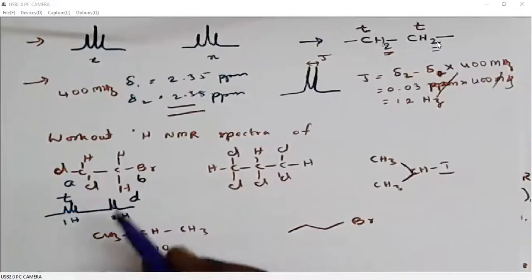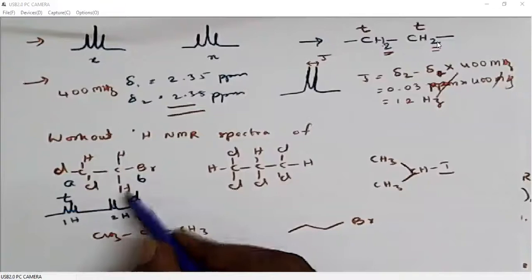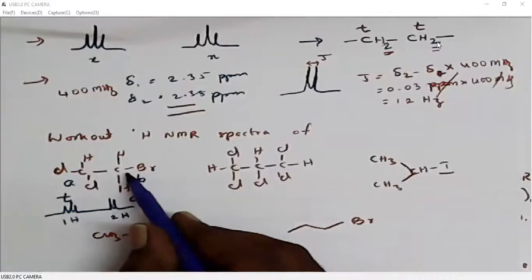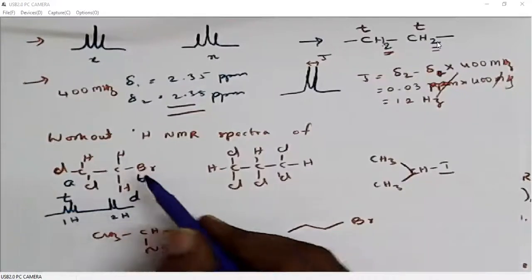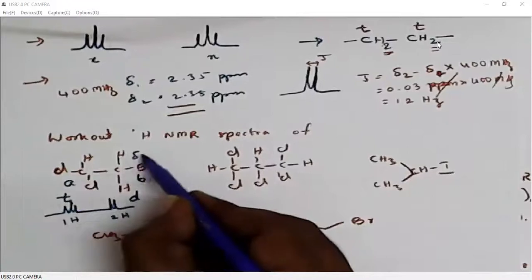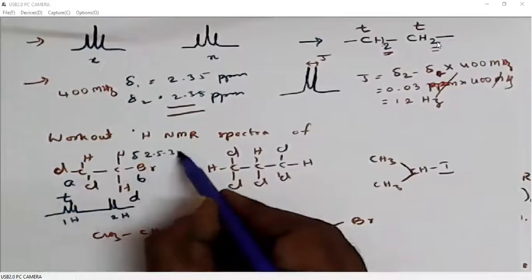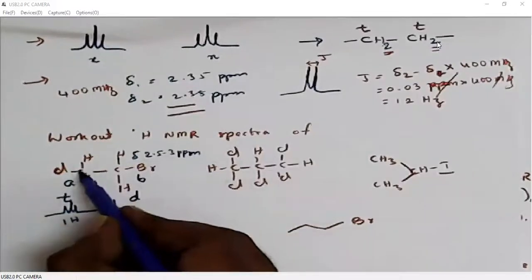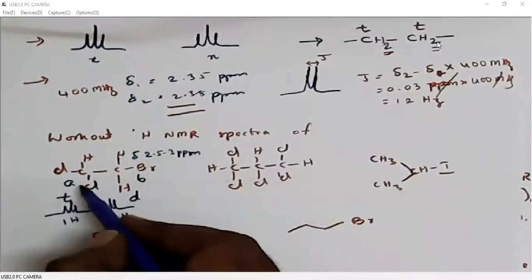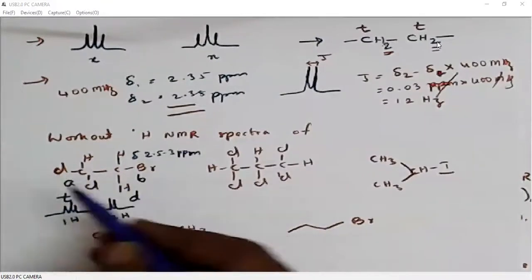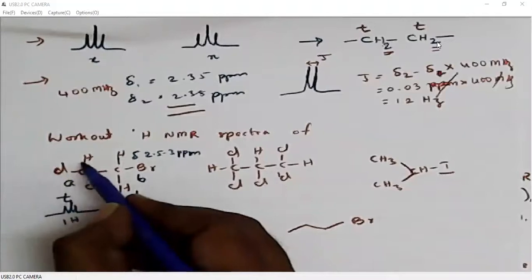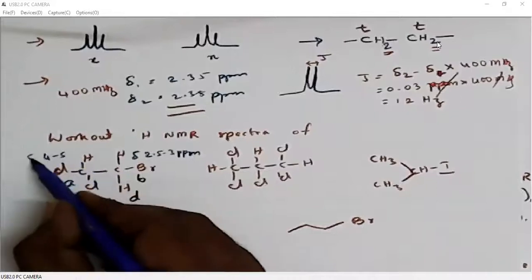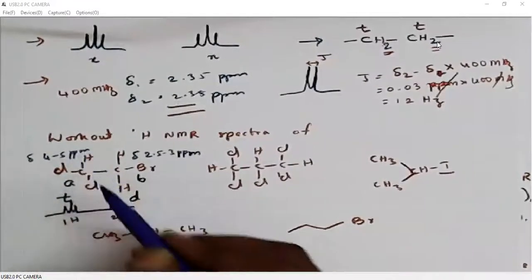At the same time we can also expect the chemical shift values. Because it is attached to one bromine, bromine electronegativity is 2.8, so we can expect a delta value of 2.5 to 3 ppm for these two protons. Whereas this proton is on a carbon which is having two chlorines, chlorine electronegativity 3, so it will be between 4 to 5 ppm.